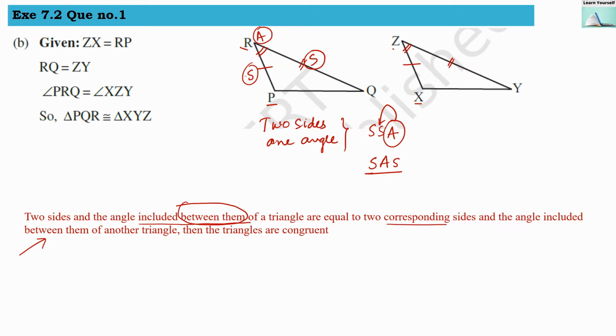Corresponding means, for example, RP is equal to ZX. This is known as correspondence. And the angle included between them of another triangle, then the triangles are congruent. So as per the SAS criteria, these two triangles are congruent.